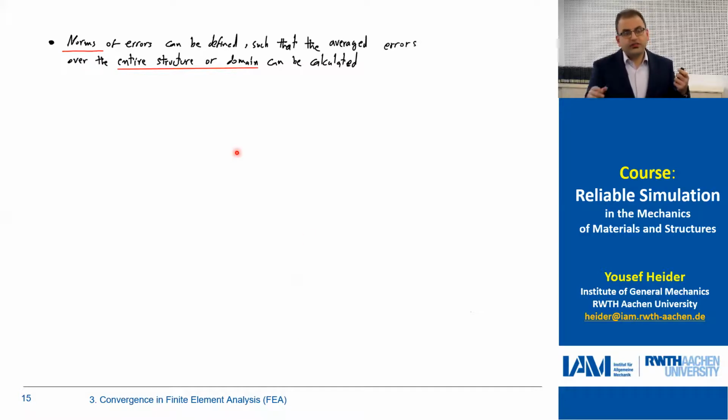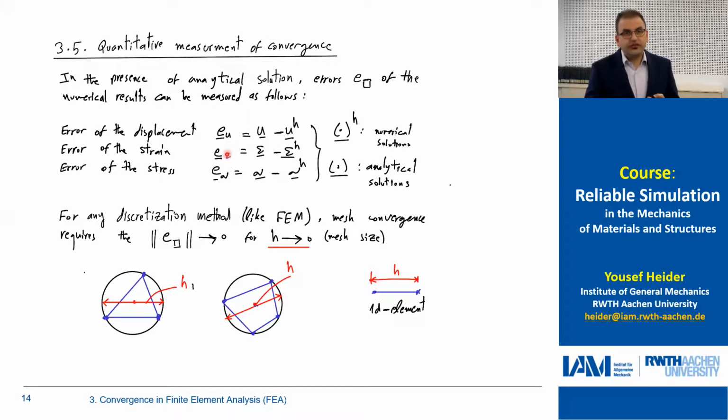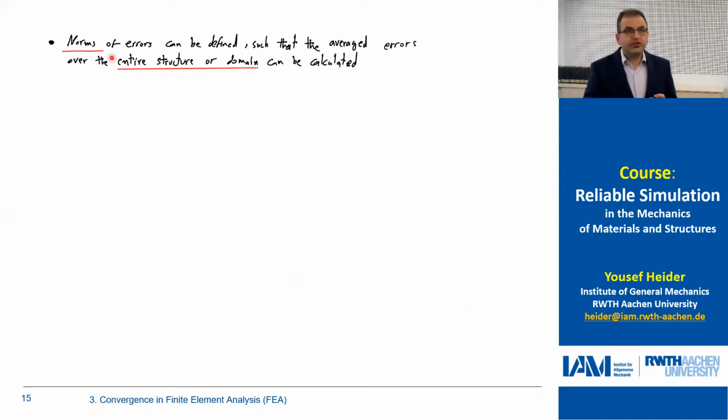Now, as I said, the errors which I presented here are vectorial or tensorial quantities. So what we would like to see is a number which represents the errors. Norms of errors can be defined such that the averaged errors over the entire structure or domain can be calculated.